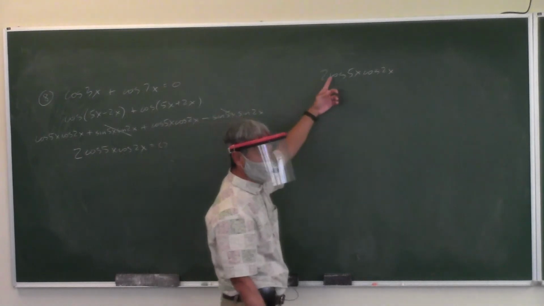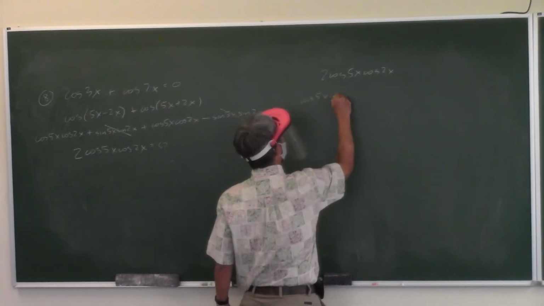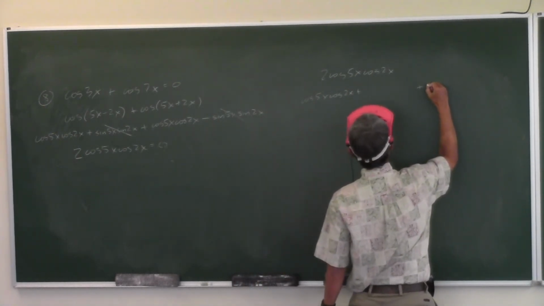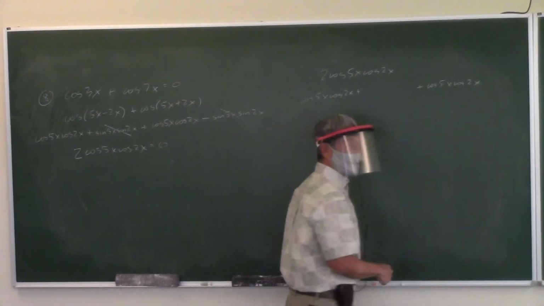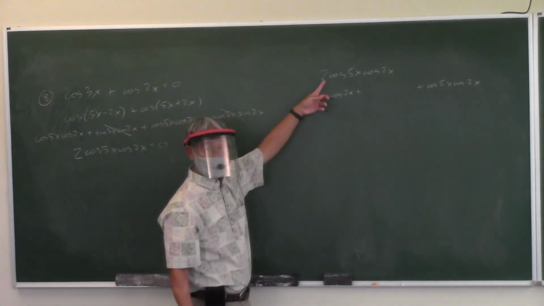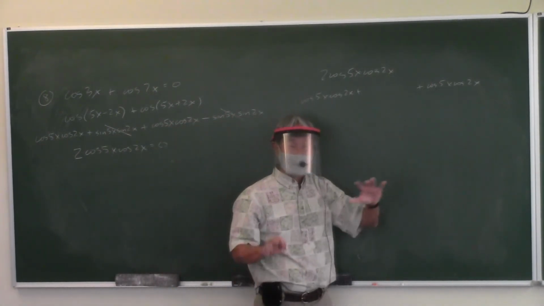So if you have 2 gorilla, isn't that the same thing as 1 gorilla, leave a space, plus 1 gorilla? Everybody agree 1 plus 1 is 2? You're just going backwards. So if this is a 5, then this would be 5 halves and 5 halves. But I won't do that to you.